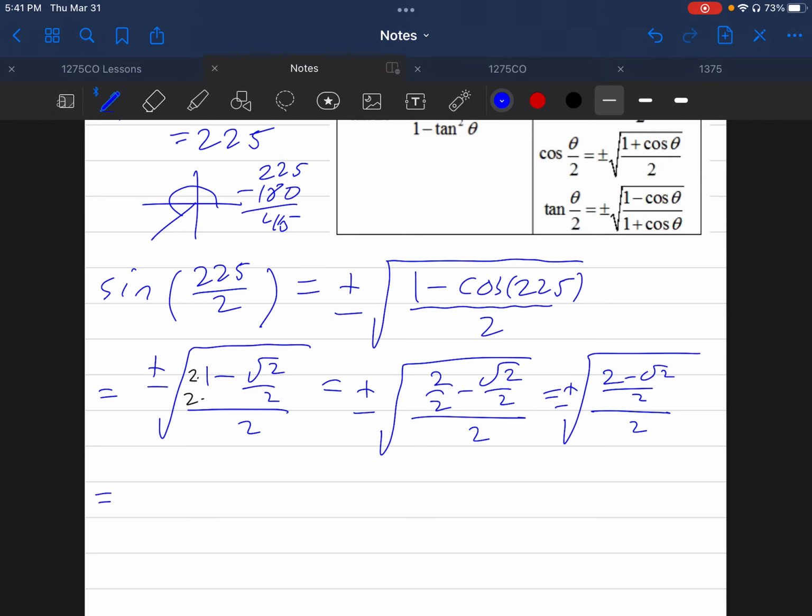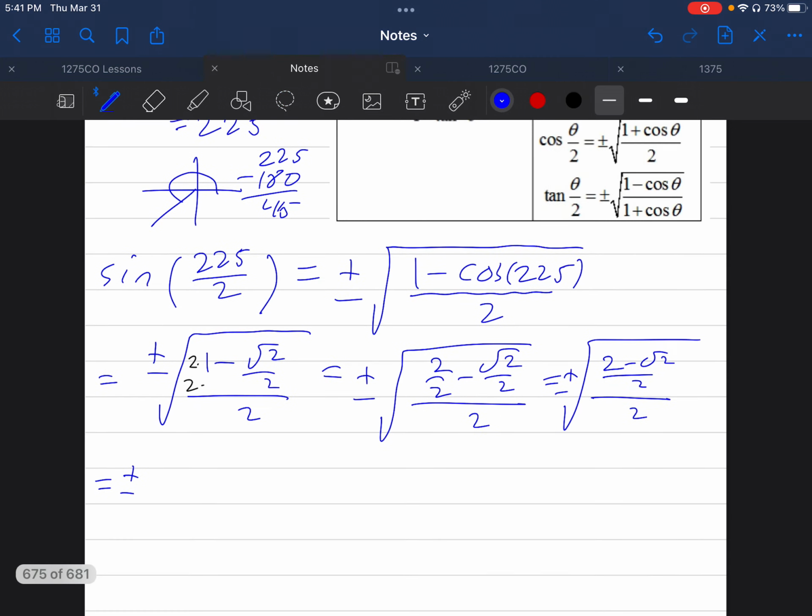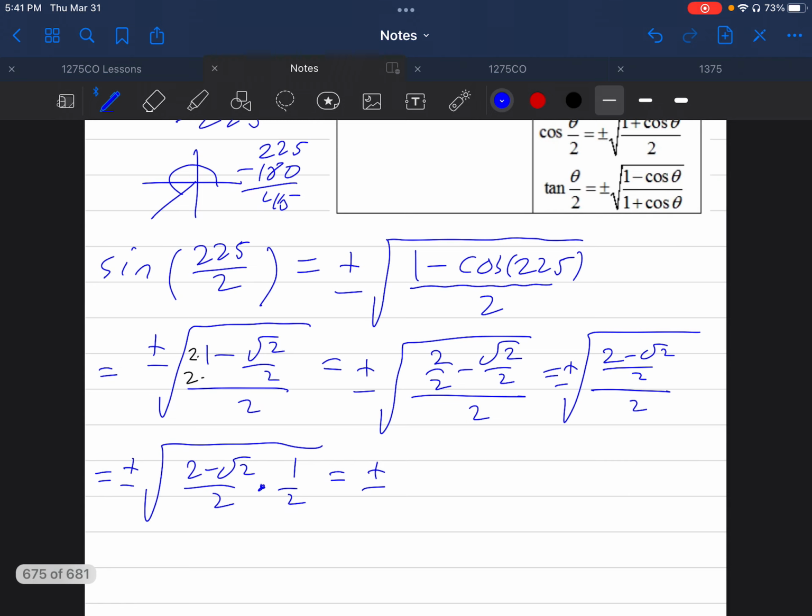Complex fraction, once again, keep, change, flip. That means numerator divided by denominator, or rather numerator times the reciprocal of the denominator. So inside the radical, that's going to be 2 minus radical 2 over 2 times 1/2. And again, this is the radicand. So that's going to be plus or minus 2 minus radical 2 divided by 4, because we're multiplying the numerators and the denominators.